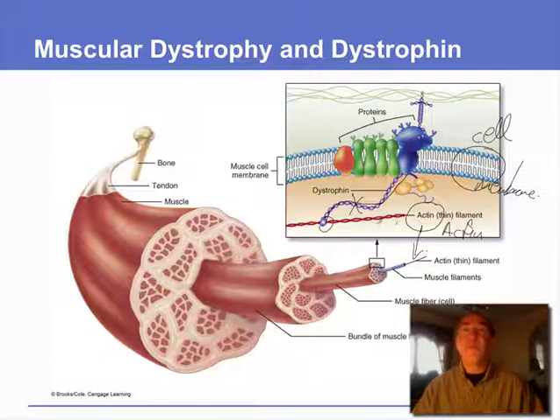And so what will happen, you have a single gene producing this dystrophin protein, and if that single gene on the X chromosome is defective, you don't get this dystrophin protein. If that's the case, the actin muscle fiber is not connected to the membrane, and the membrane will rip, and the cell will die, and thus you have muscle atrophy.